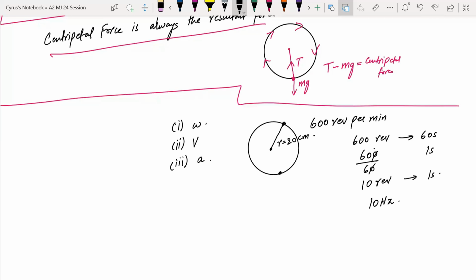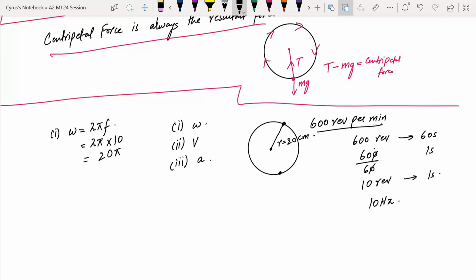So if you want to find omega, omega is given by what? 2 pi f. So you have 2 pi, and the frequency is 10. You get the answer 20 pi.